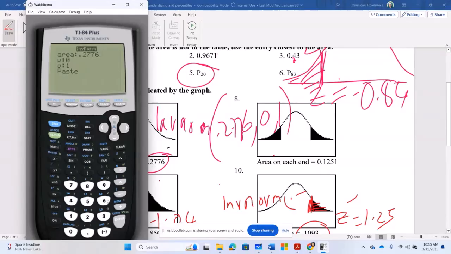And then the mean of a normal distribution is 0, standard deviation is 1, and then you can paste.